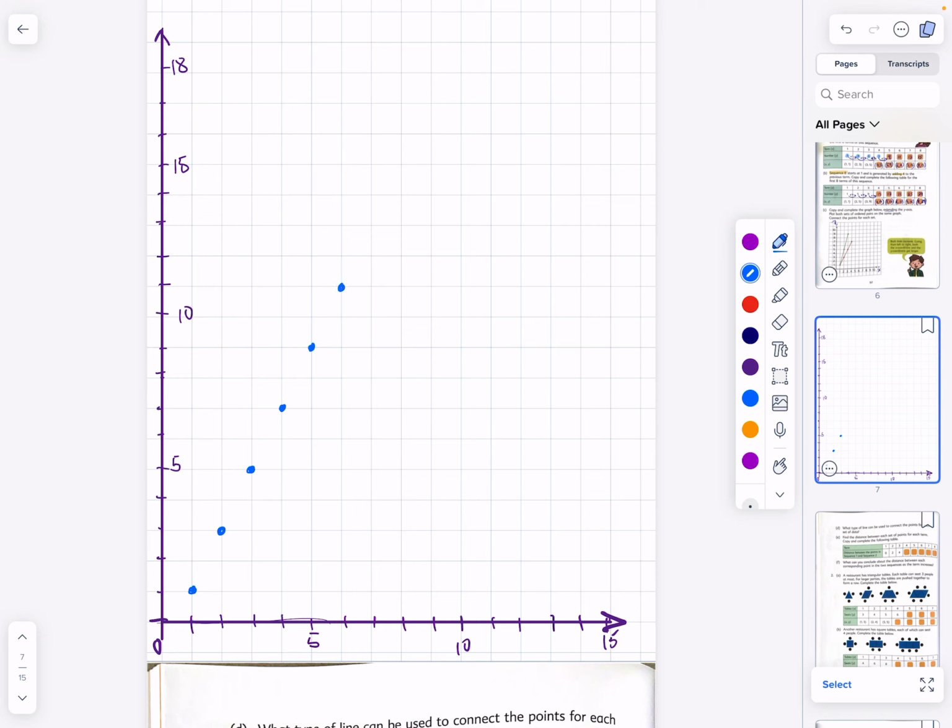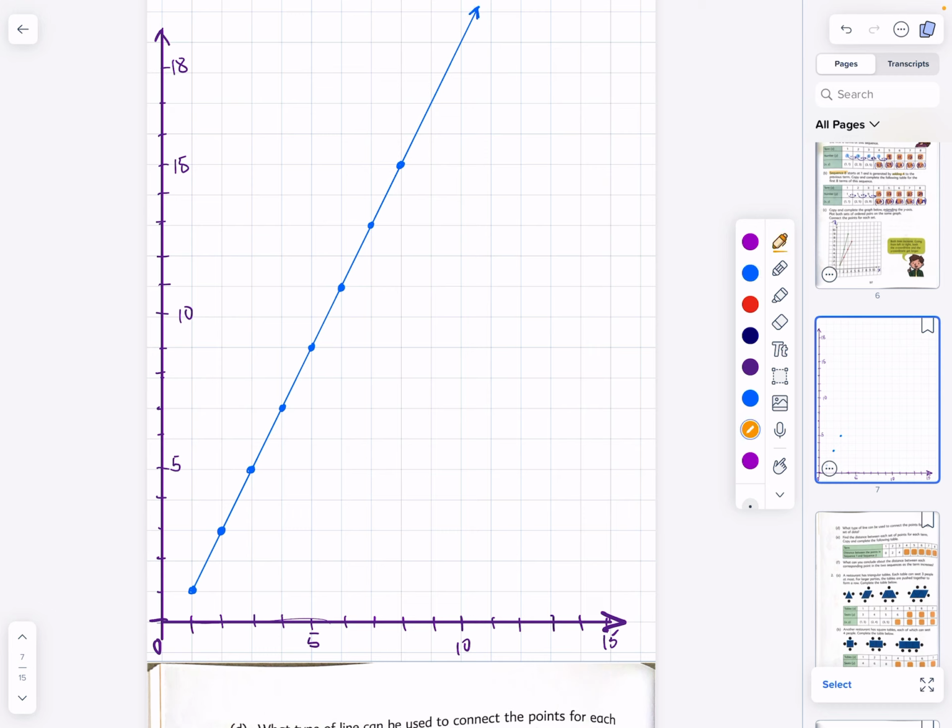And then the 7th term was equal to 13, and the 8th term was equal to 15 right here. Now I'm going to make a straight line connecting all these points right here. Okay, that's a straight line. And I can even say it's going to go on like this forever.